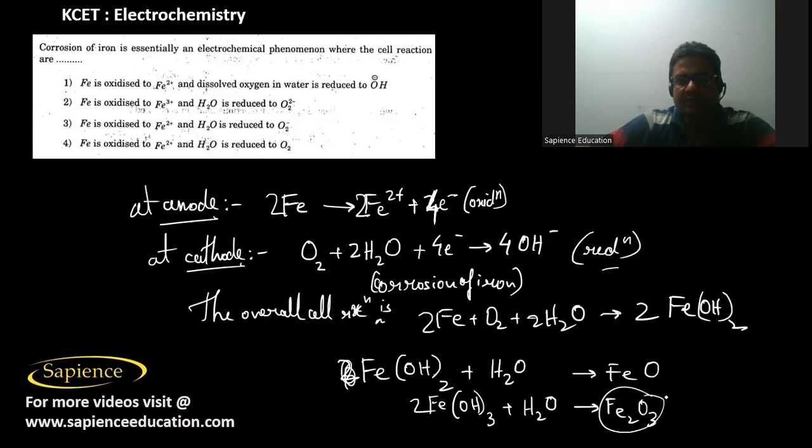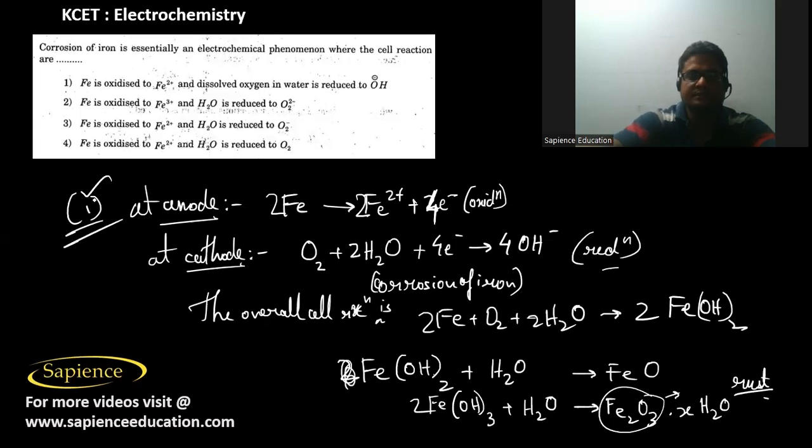And then from here, hydrated ferric oxide will be formed, which is called the rust. So here it means the iron is oxidized to Fe2+, and the dissolved oxygen in water is reduced to hydroxide ion. So option 1 is the correct answer.